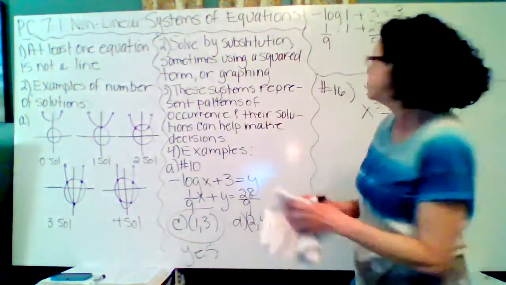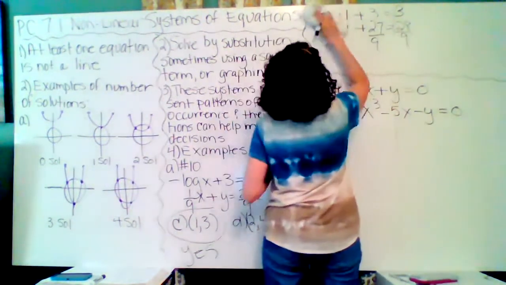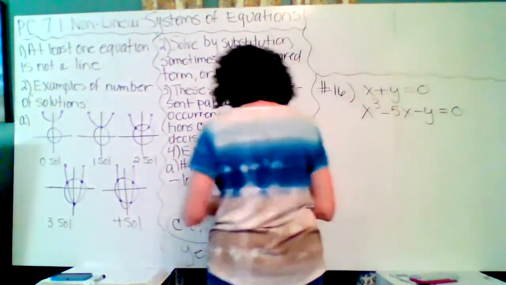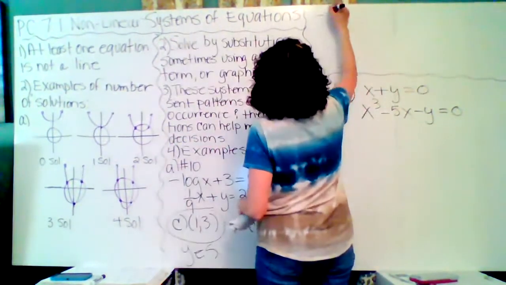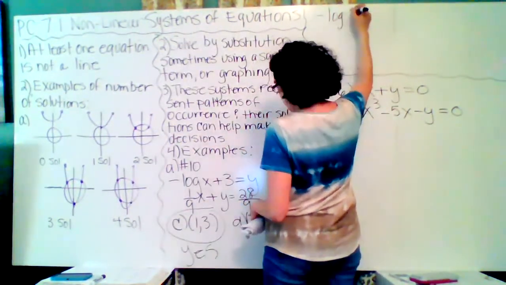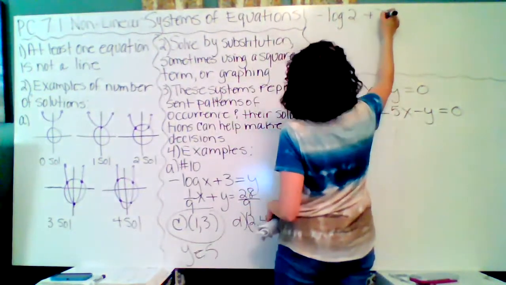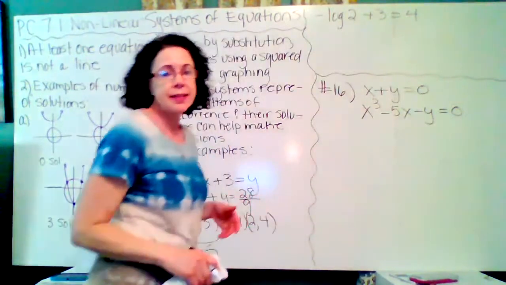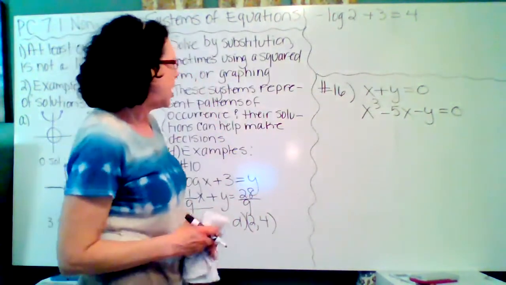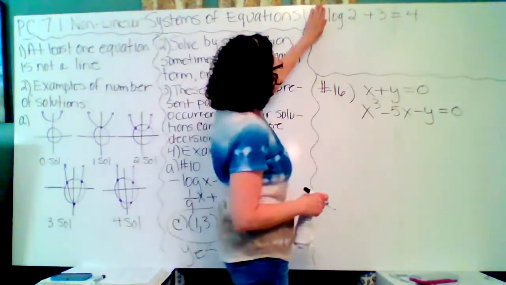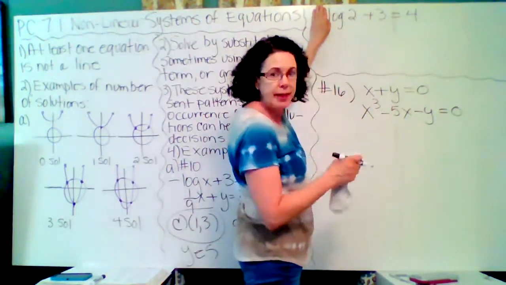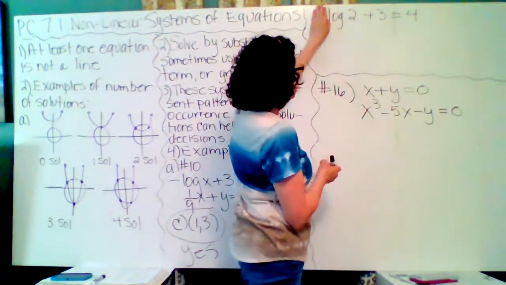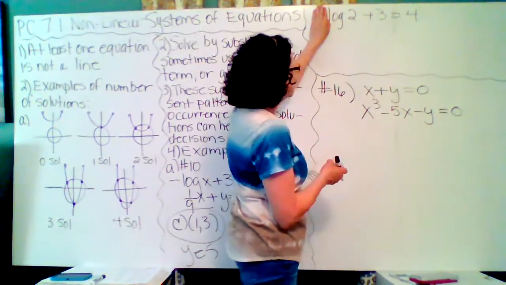Let's try the point 2, 4. Negative log of 2 plus 3 equals 4. Now, first of all, I can see that this isn't true. The reason why is log of 2 means, when the base is 10, what is the exponent that gets you 2?